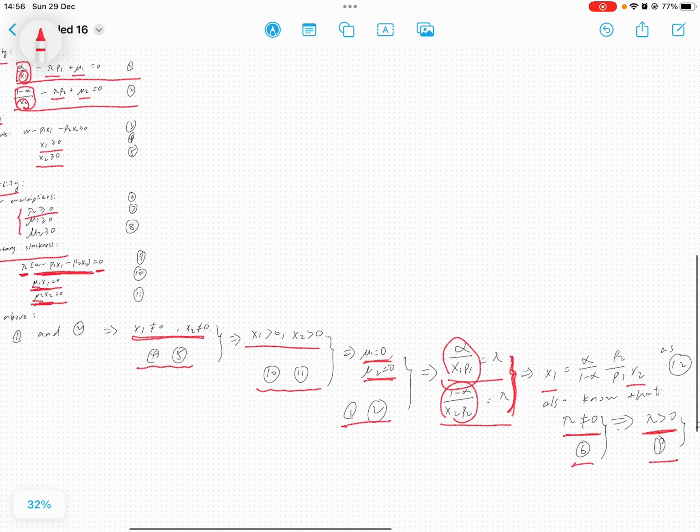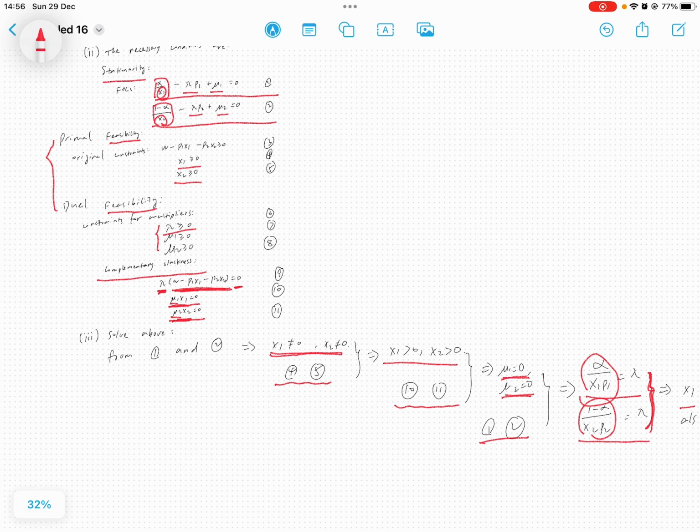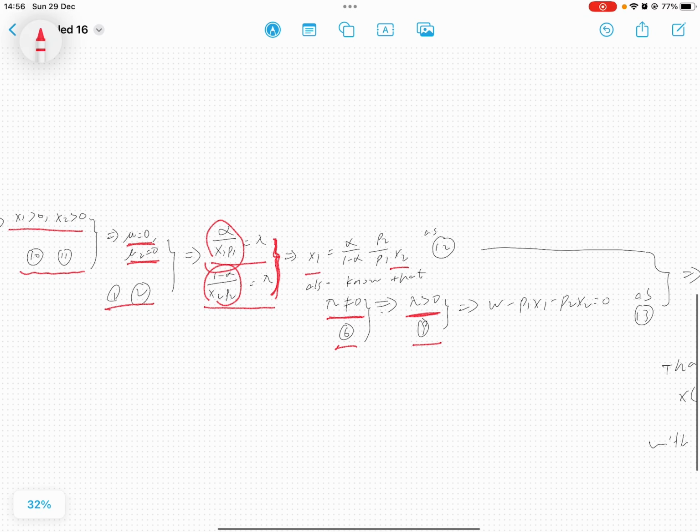Okay, then we use 9. In 9, we said that now we know that lambda has to be strictly greater than 0. So this part has to be 0 to make this equality hold.